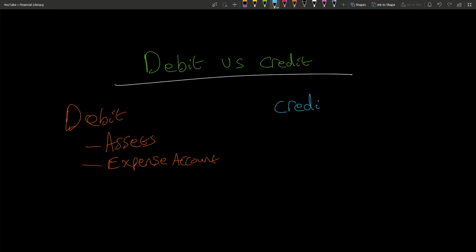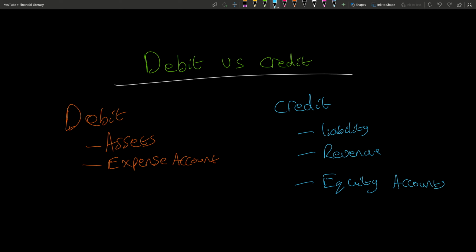And credit increases the liability accounts, revenue, and the equity accounts. So at the moment, this probably isn't doing much for you.